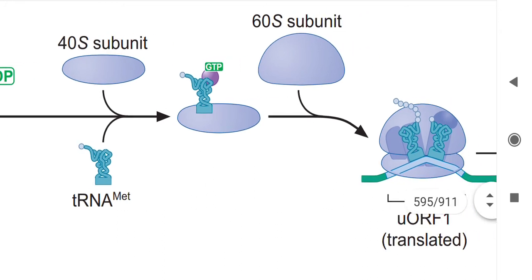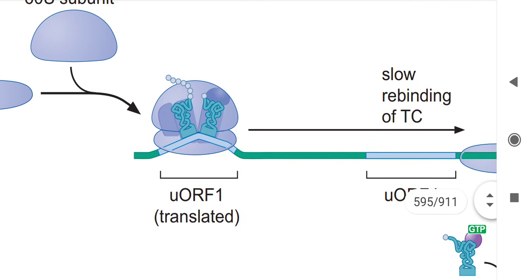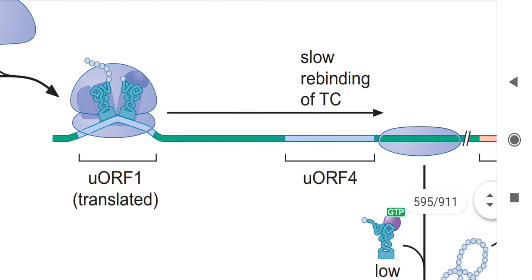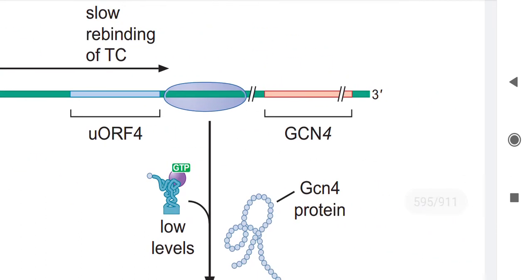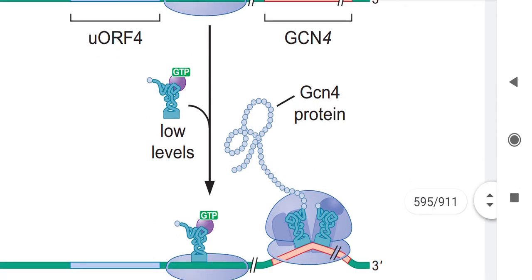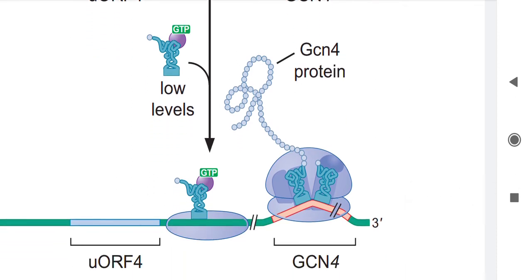Thus the ribosome that has started translation from UORF1 quickly passes to the next open reading frames 2, 3, 4, and then quickly goes to the main open reading frame, where it will associate with the initiator tRNA, if present, with eIF2. Thus GCN4 is produced by translation of the main open reading frame.